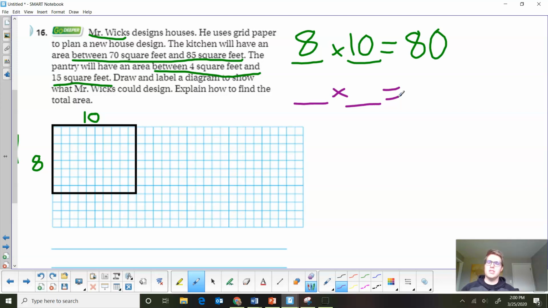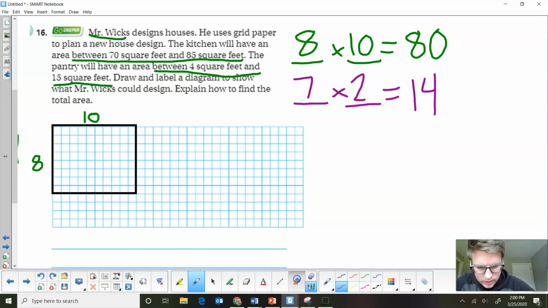I got a lot of chips I need to store. So is there any two numbers you can multiply to get something higher, like 14? What times what equals 14? You guessed it. Good job, Wiley. 7 times 2. So I need to make a pantry that's 2 by 7 down in this corner.